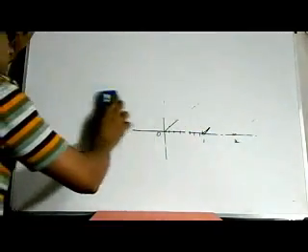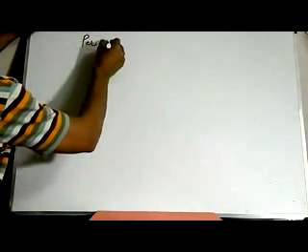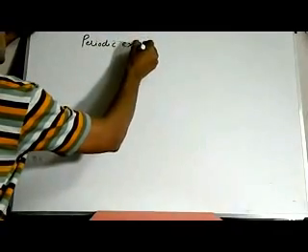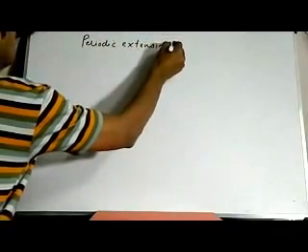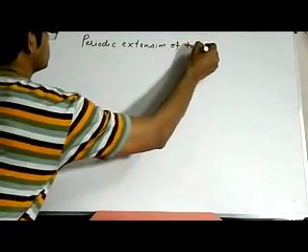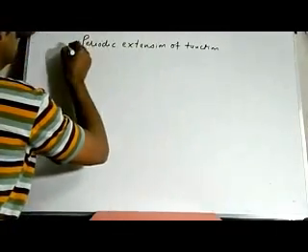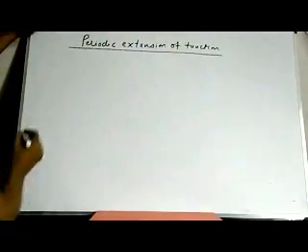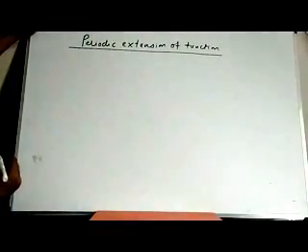Now, suppose I have defined my function like that. Another example. Our next concept is the periodic extension of the function. Periodic extension of the functions.